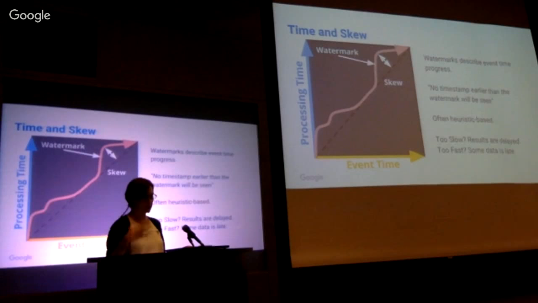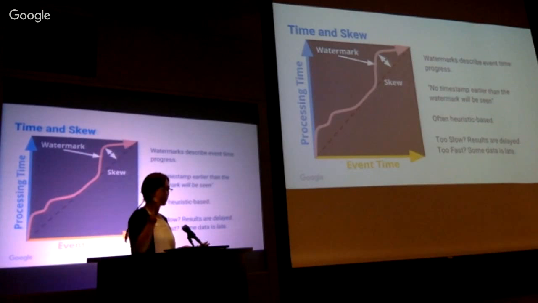And the watermark describes the progress. It says no timestamp earlier than the watermark will be seen. In other words, at this point, I don't think I'll see any events that are older than 2 p.m. So there is a point in time and you think you're done with everything up to that point.